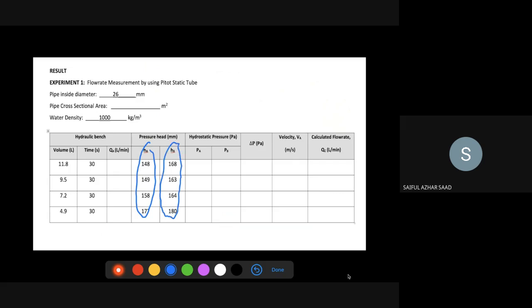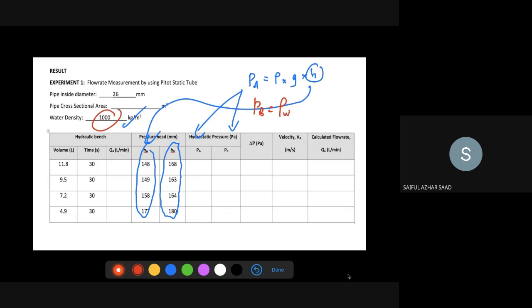And then in order to calculate the hydraulic pressure, from chapter 2, I know that the pressure at point A equals rho of water, which is this one, multiplied by g, and then multiplied by h. The h here is coming from this data. The same goes for the pressure at point B: PB equals rho of water, which is 1000, multiplied by g, multiplied by h.